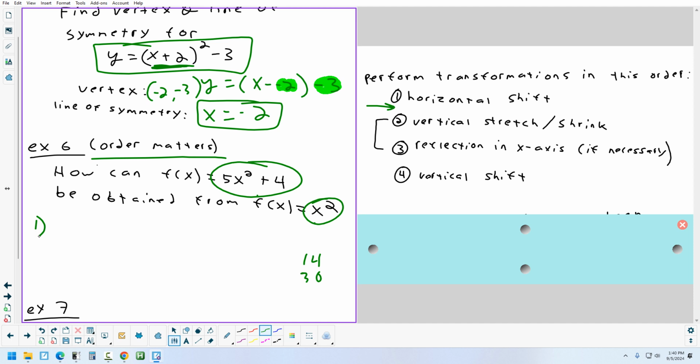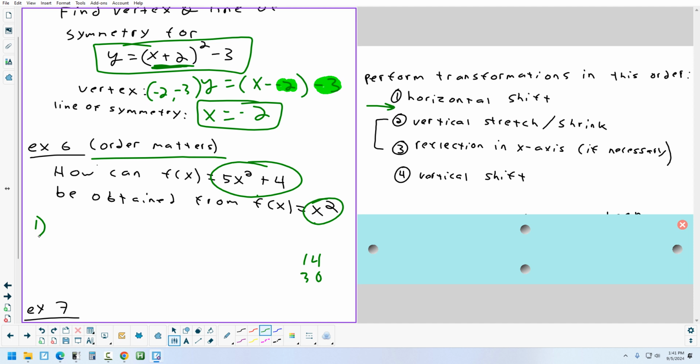The 5 is when you multiply by a number in front of x squared. It's the very first one we did. Does anybody remember what putting a number in front of x squared does? So what would be, if you have to describe the transformation, what does the 5 do?